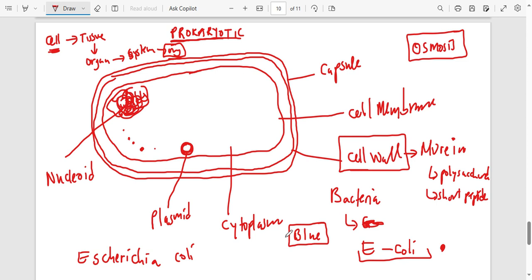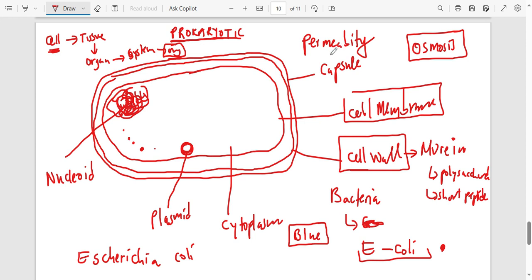Okay. And then the cell membrane, which is also known as a plasma membrane. This one, as we said, is selectively permeable. It only allows some things to pass through it. So that is selective permeability.